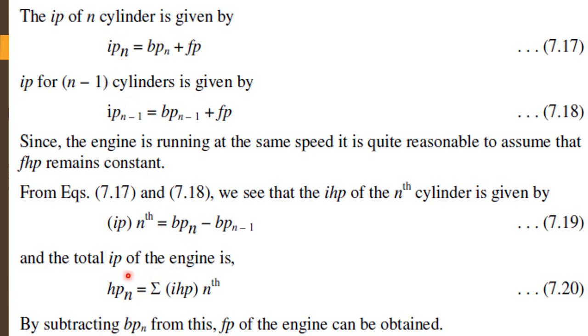The same thing is mentioned here. Total IP, that is IP of n, is equal to the summation of IP of all the cylinders. And when indicated power and brake power are available, indicated power minus brake power gives the friction power.